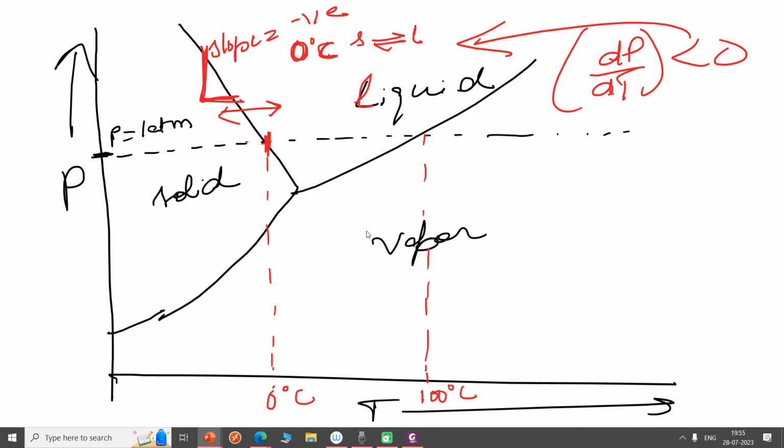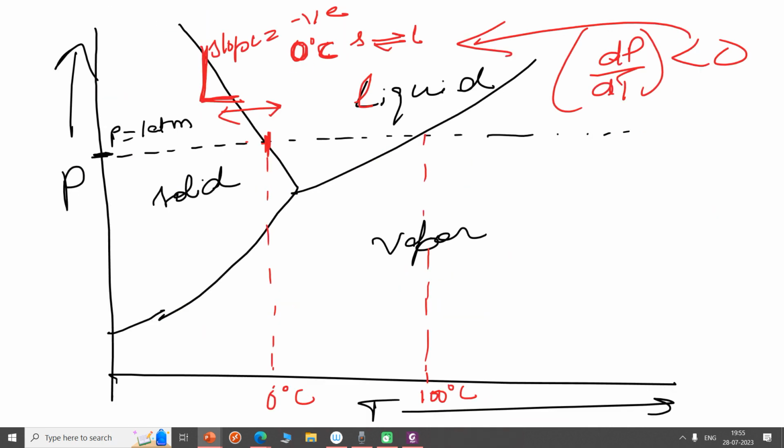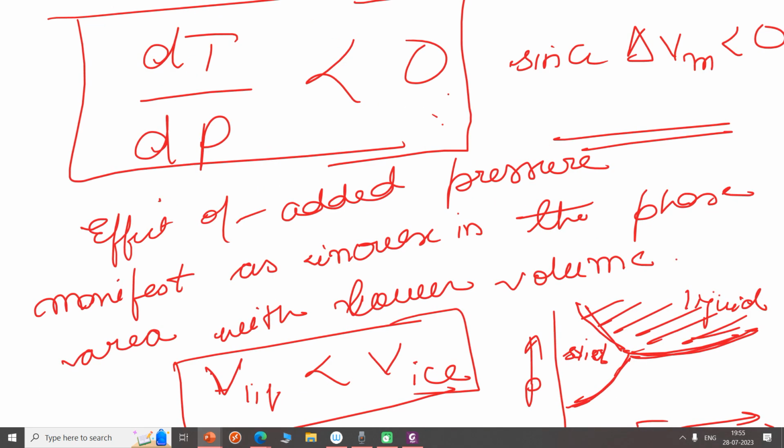And why does it do so? Because the molar volume of ice is higher than that of liquid. So upon increase of pressure, the phase which has lower volume will be more stable, right? So I think that covers all the topics we had from this week.